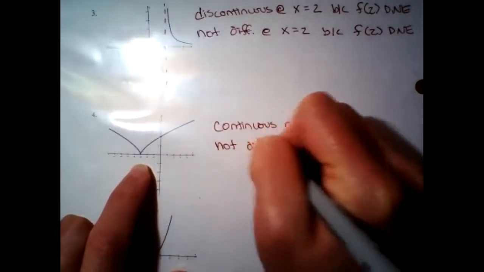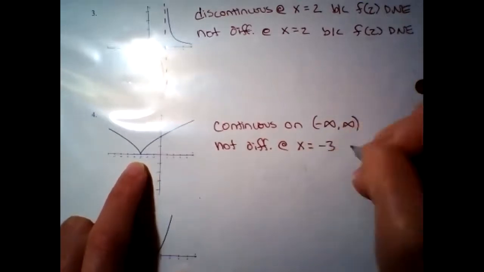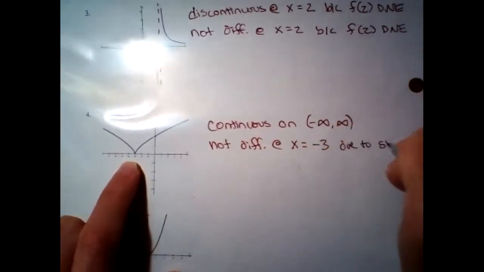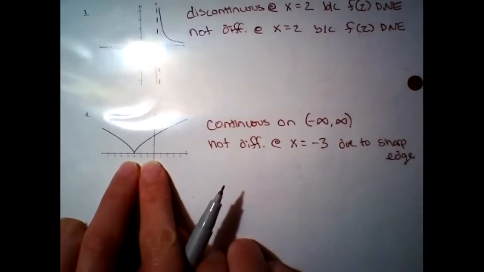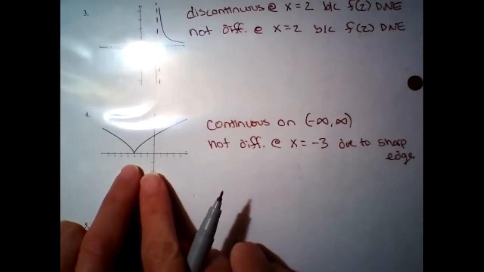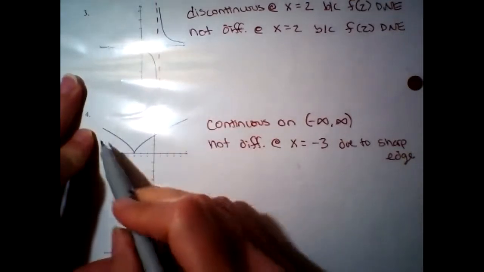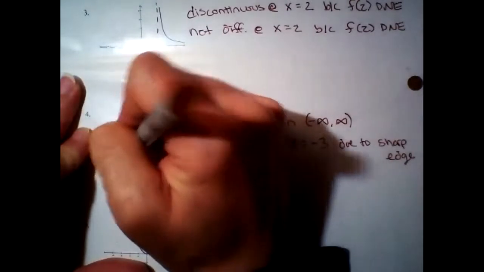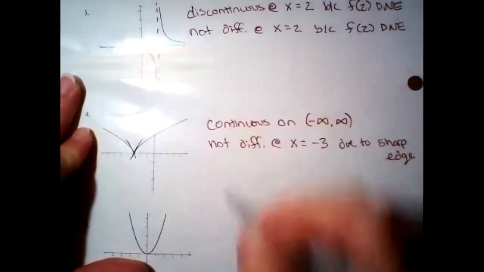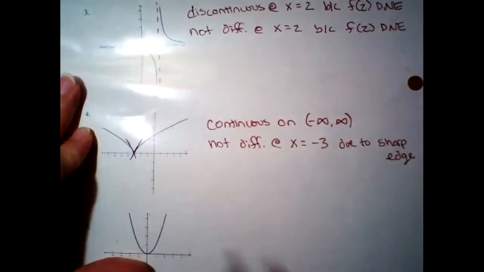So not differentiable at x equals -3 due to sharp edge. I don't have an equation for this, so I can't do the limit from the left and from the right. But on the AP exam, sometimes they'll give you an actual equation and you would have to do the limit from the left and the limit from the right. But if I draw in tangent lines at that point, do you see that the slopes would not be the same? It's not going to work.